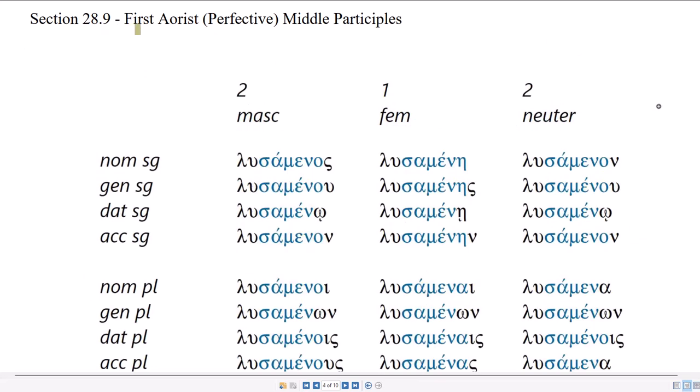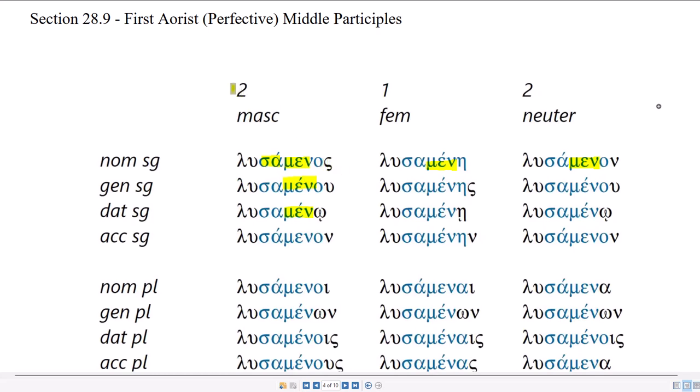Now section 28.9, the first aorist middle participles, perfective. We don't need to spend a lot of time on this. It's the same tense formative, the sa, and then we have this very nice men showing up in all of these forms, all the way across the table, masculine, feminine, neuter. These are quite helpful for us to figure out that these are middle. So the sa and the men together tell us it's aorist middle.